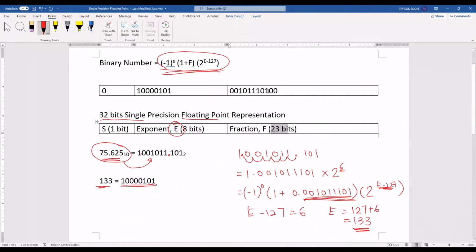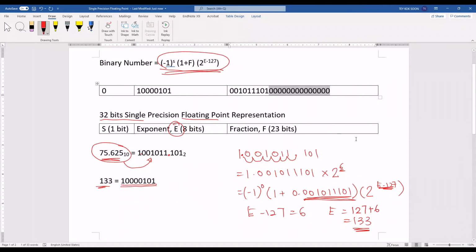How many bits is it now? 4, 6, 8, 9. So 9 bits already. So you need to add 14 more bits to fill it up until it reaches 23 bits. The rest is filled up with 0. Then you complete the conversion.